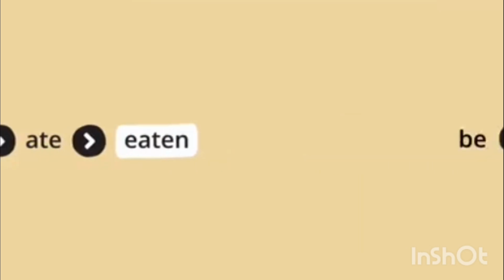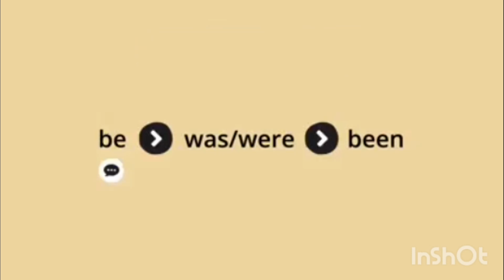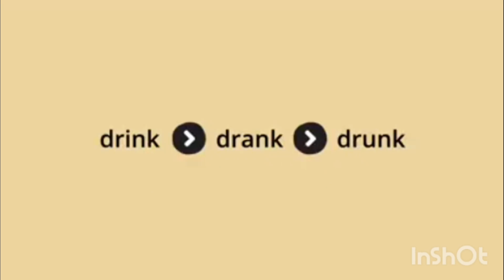Here are some more examples of irregular verbs in their base form, the past form, and the past participle form. Listen and repeat. Be, was or were, been. Do, did, done. Drink, drank, drunk.